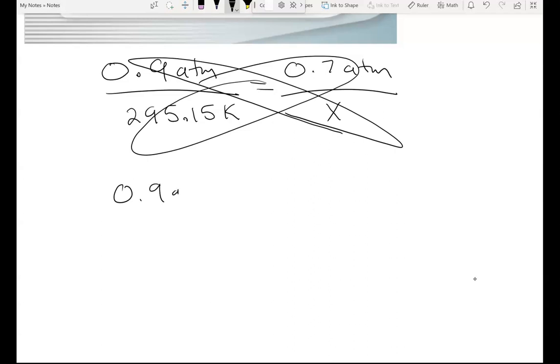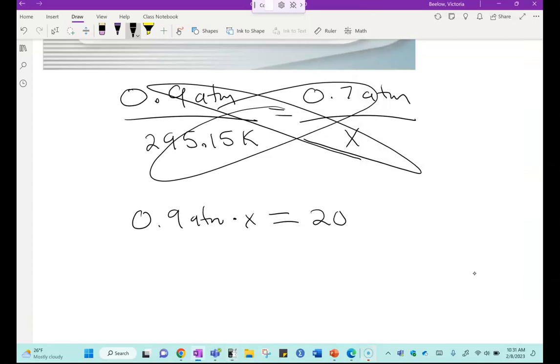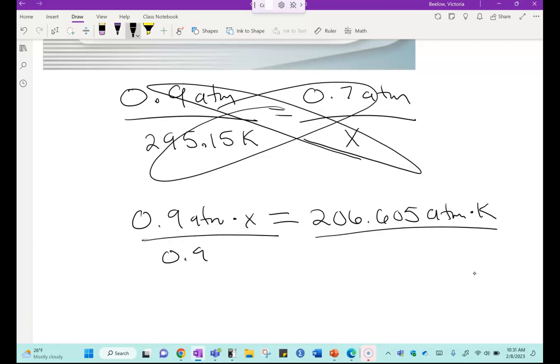So 0.9 atm times our x is equal to 295.15 times 0.7, which is 206.605. And again, this is atm and Kelvin. To get x by itself, we're going to divide both sides by 0.9 atm.